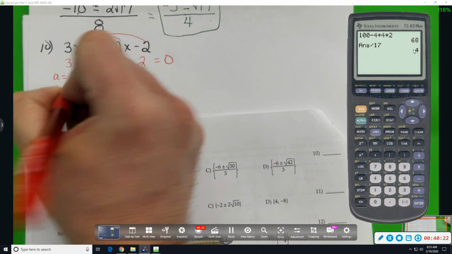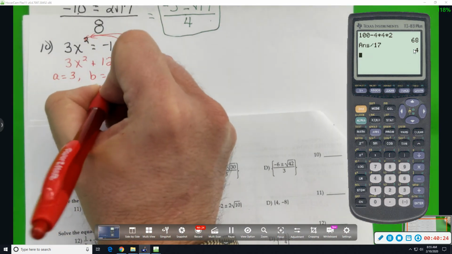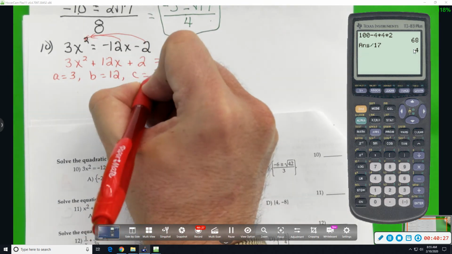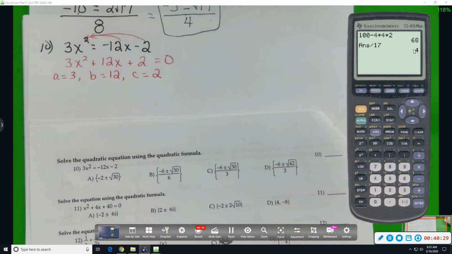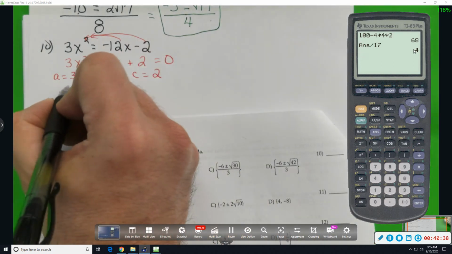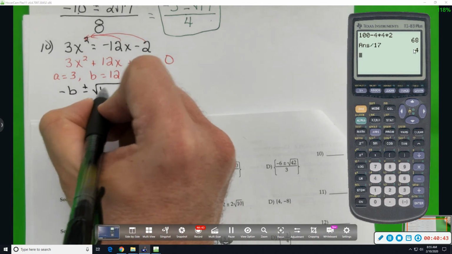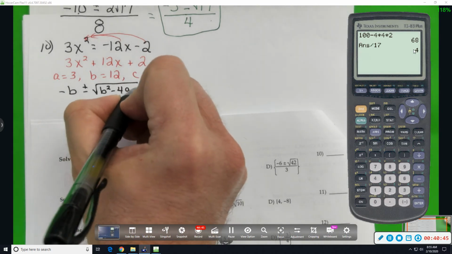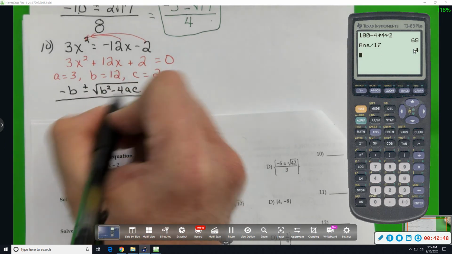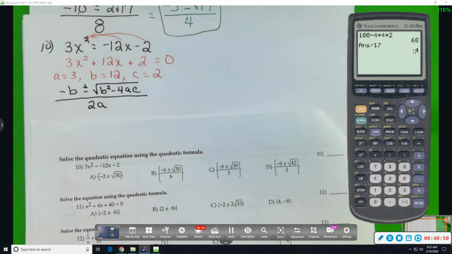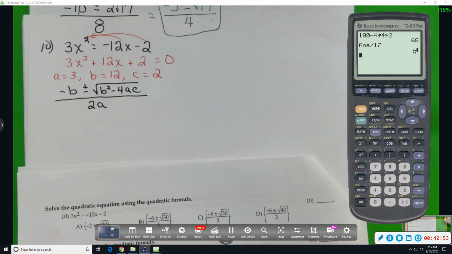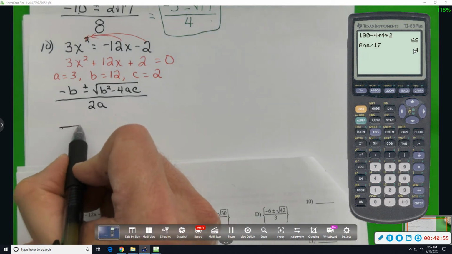A equals 3, B is 12, C is 2. Negative B plus minus square root of B squared minus 4AC all over 2A. The formula. Now let's start plugging in.